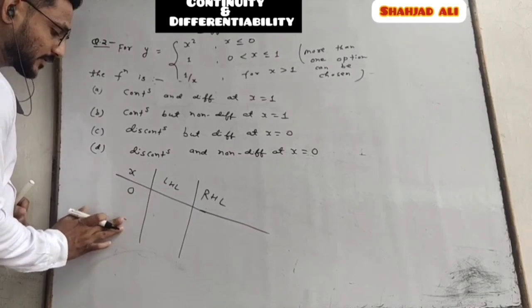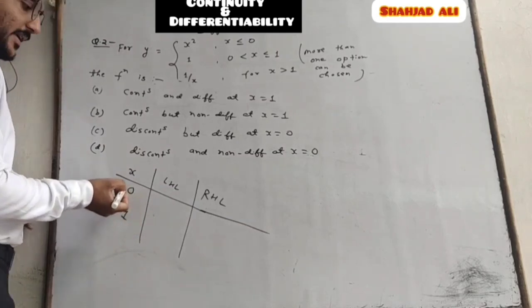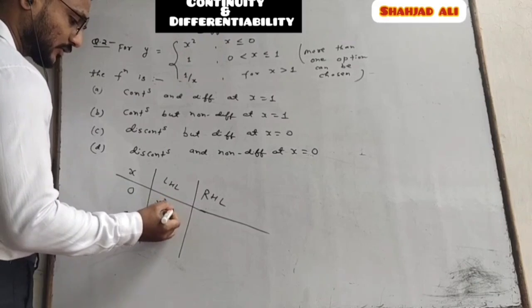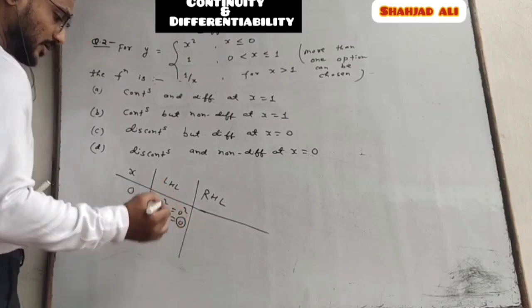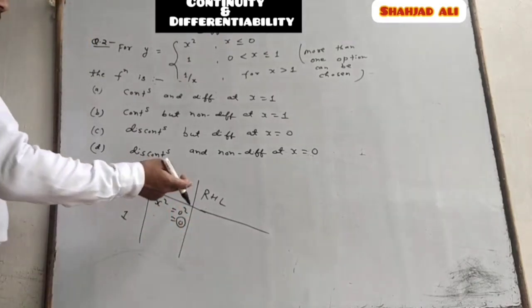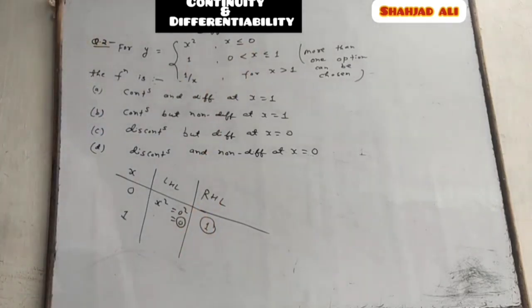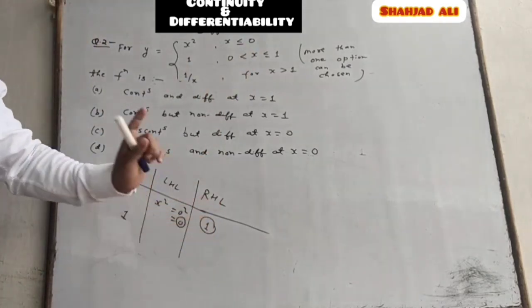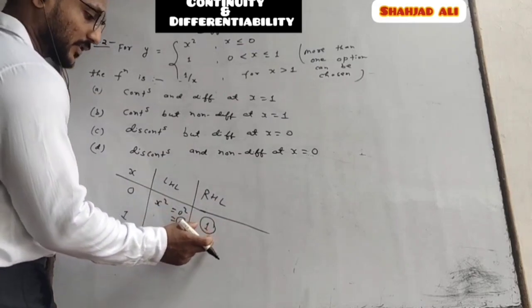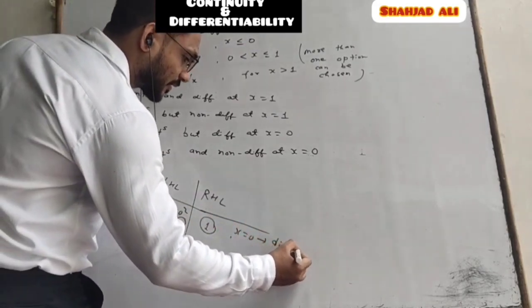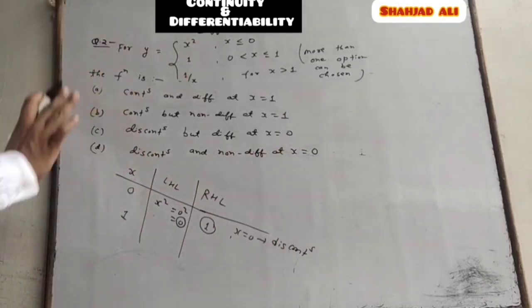So for 0, left hand limit means less than 0, so x square, which means 0 square becomes 0. Right hand limit means greater than 0, so it is 1. Clearly the left hand limit is 0 and the right hand limit is 1, because the left hand limit is not equal to the right hand limit. So at x equal to 0, the function becomes discontinuous. This is the fastest method of solving the problems.